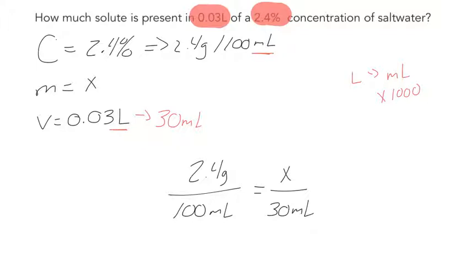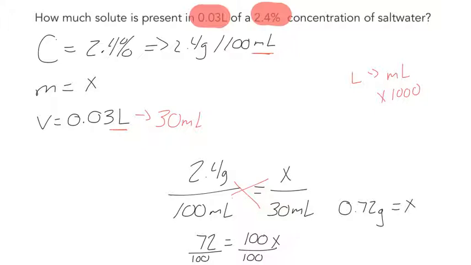Just like before, cross multiplying: 2.4 times 30 equals 100 times X. That gives me 72 equals 100X. Divide by 100 on both sides, and I'm left with 0.72 grams is equal to X.